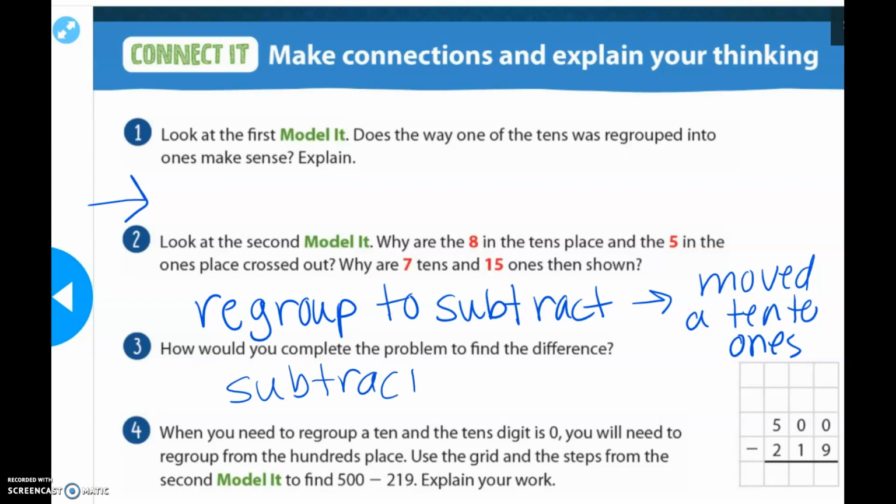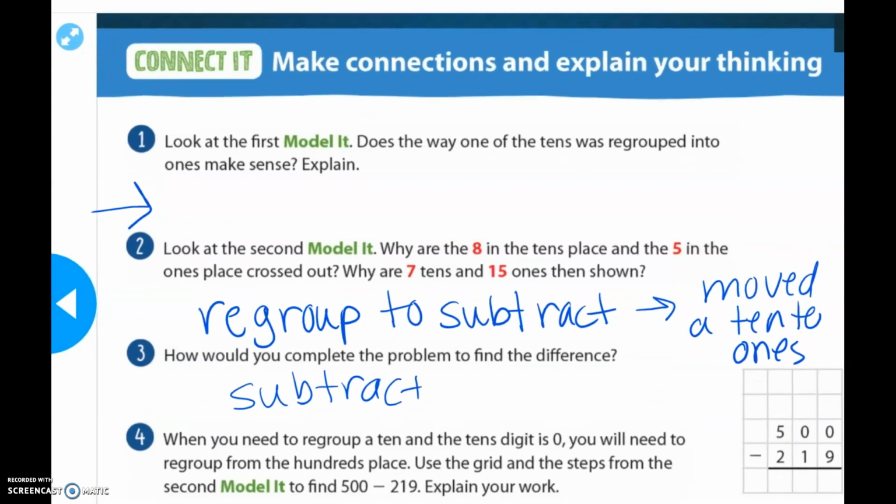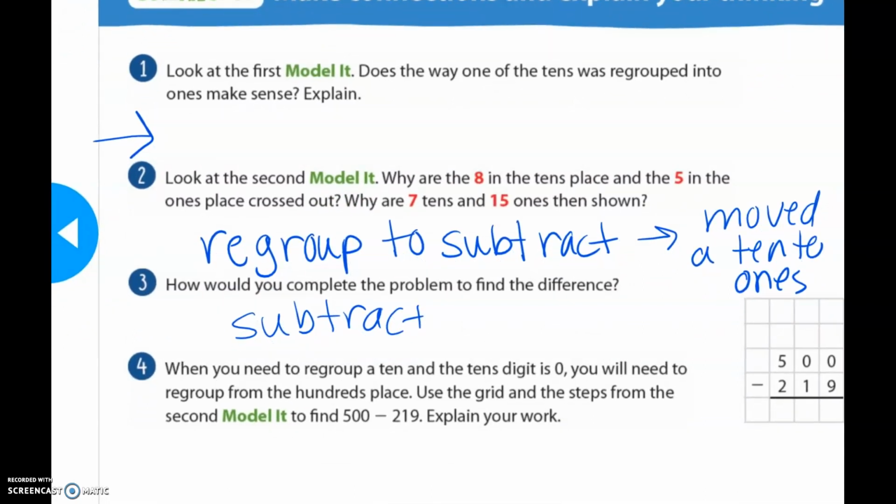You just subtract. So it says when you need to regroup a 10 and the 10s digit is 0, you need to regroup to the hundreds place. So this is showing a bigger bottom number on 1s and on 10s. So we're going to go to the hundreds, and that gives us 10 10s.